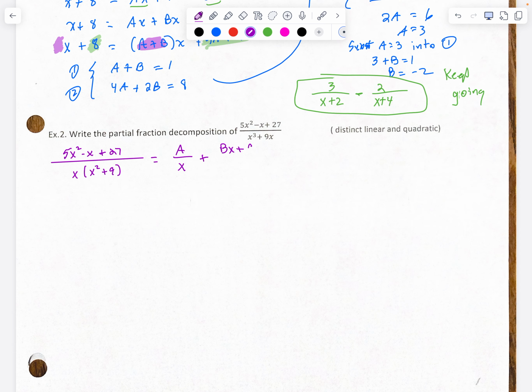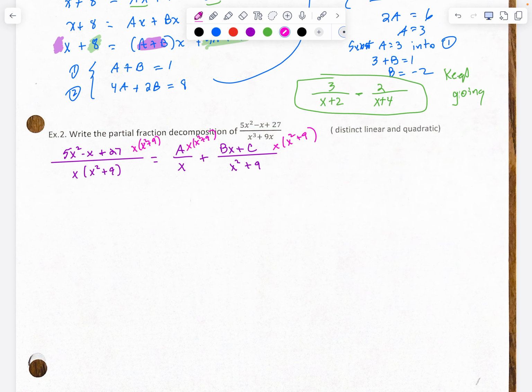And so, equating coefficients, A plus B must be 5. And C, C must be a negative 1.